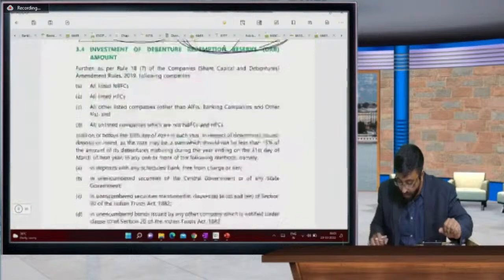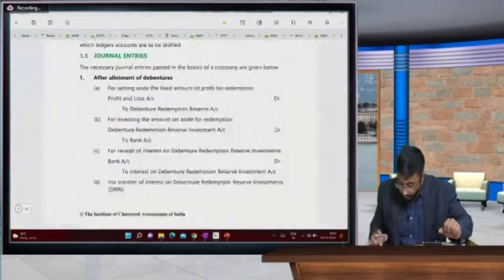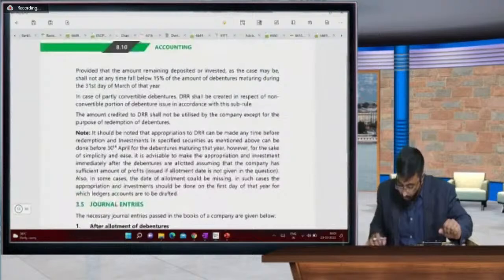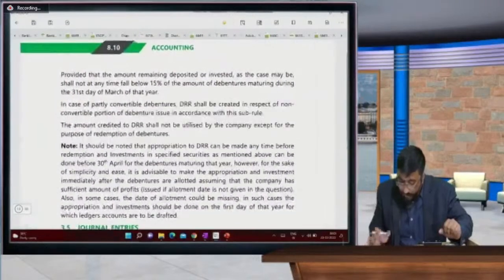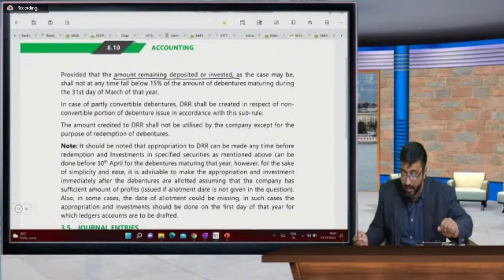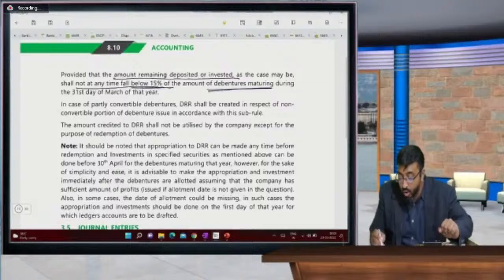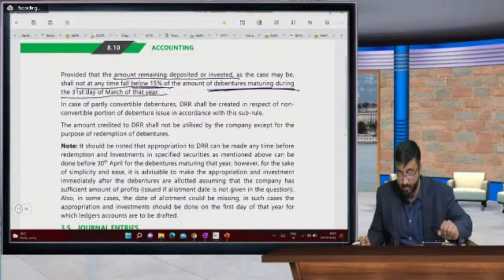Yes, you can check here. Where to invest, that I will tell you. DRR investment, amounts remaining deposited or invested, as the case may be, shall not at any time fall below 15% of debentures maturing during 31st day of March of every year. Okay.